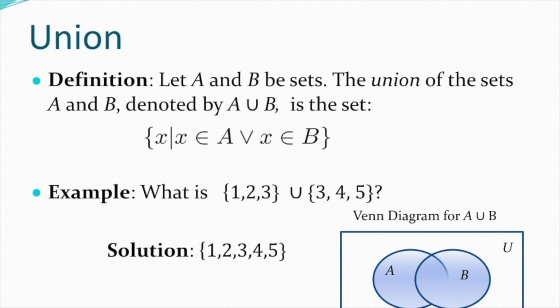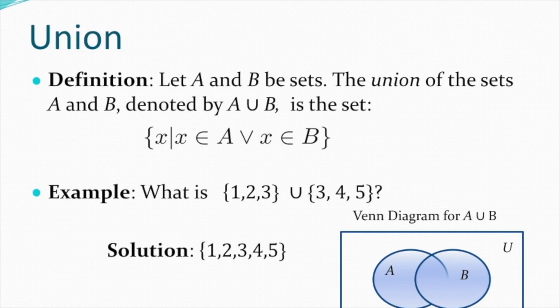So if you have sets A and B, the union will be denoted by the simple upside down horseshoe, A union B. The mathematical definition of it, as we said, is x is an element of A or x is an element of B. Now when you change the OR to AND, it will be an intersection.